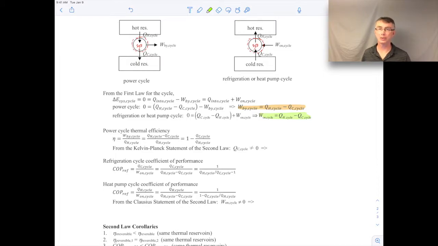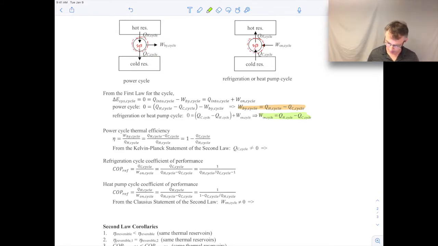And then it also allows us to compare real cycles to one another. So not only what's the best case scenario, like the frictionless, reversible case, but for a real cycle, what real power cycles are more efficient than other real power cycles. So it gives us a way to compare things.